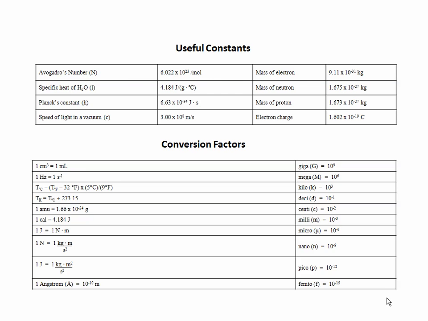Within the section labeled Conversion Factors, we'll be using the third equation on the left side to help us convert from Celsius to Fahrenheit. And within this equation, we see that we'll do some subtraction and then some multiplication to take into account the fact that a Celsius degree is a different size than a Fahrenheit degree.